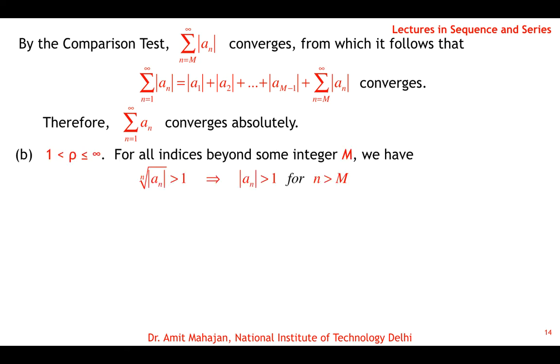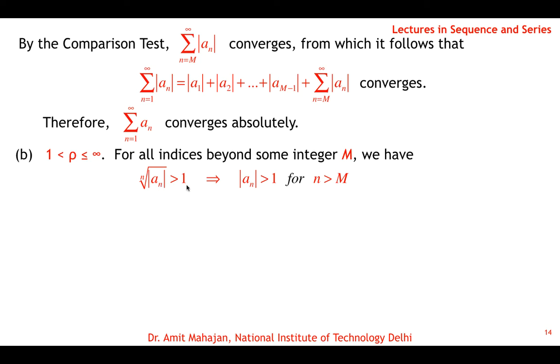For part 2, when rho is bigger than 1, for all indices beyond some integer M, we have that the nth root of modulus of a_n is strictly greater than 1.